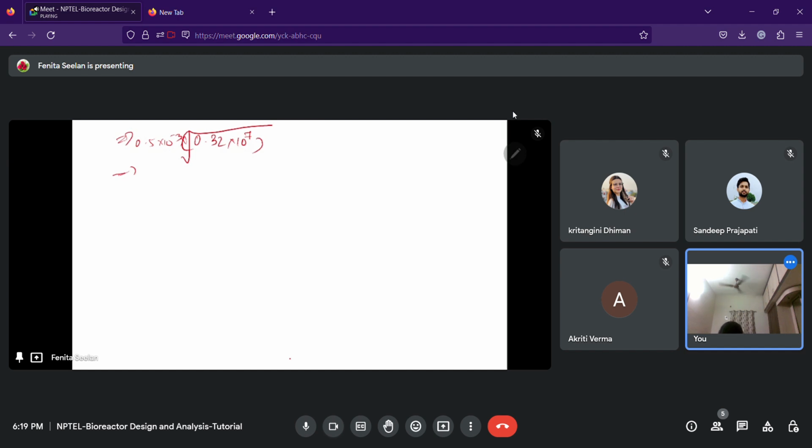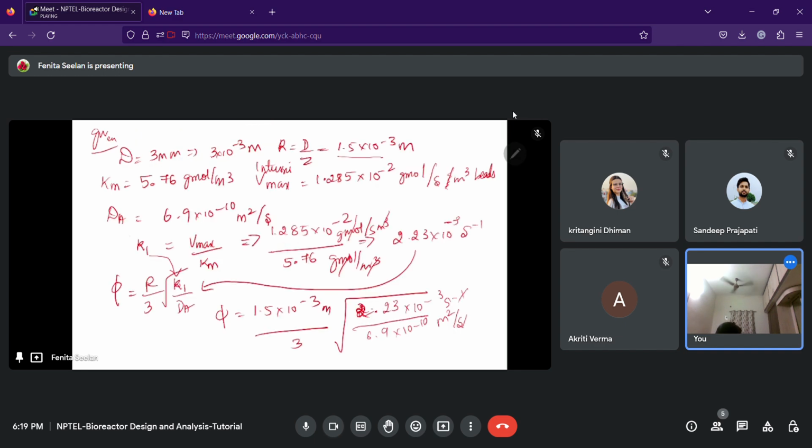So what would be the answer? The answer would be around 0.899. So this is the answer for our generalized Thiele modulus.